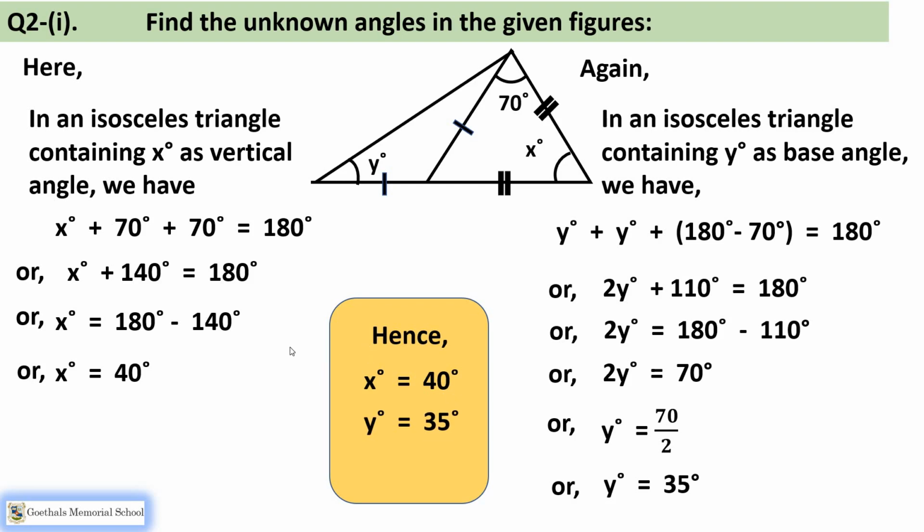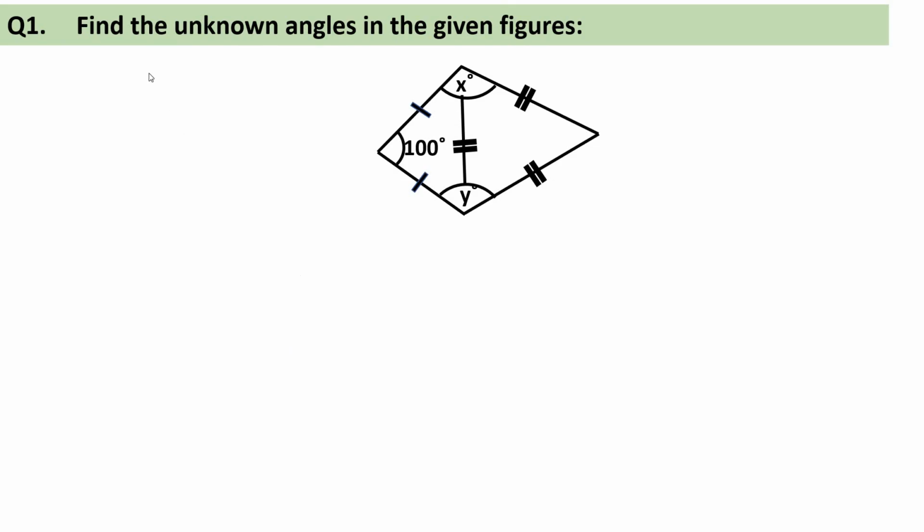Okay, dear students, let us take one more example. Find the unknown angle in the given figure. This is the given figure. It is a combination of two triangles.